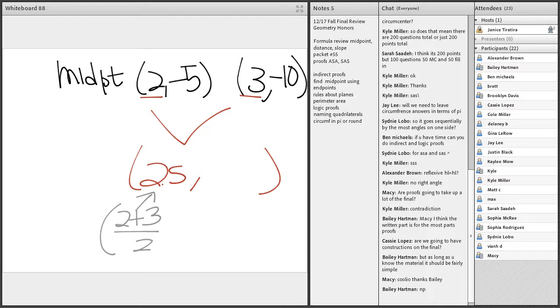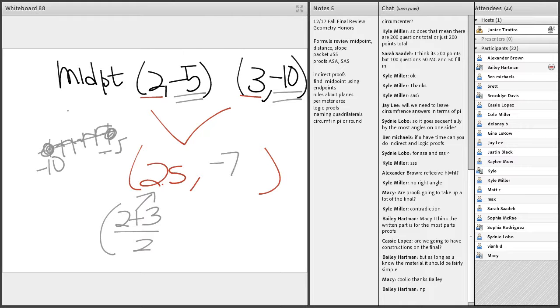Then you'll try to find the midpoint of negative 5 and negative 10. So if you're a visual person, here's negative 10, and here's negative 5. And you're like, where's the middle? Okay, the middle is go back 1, and then it's right in the middle. Right here, that's a decimal.